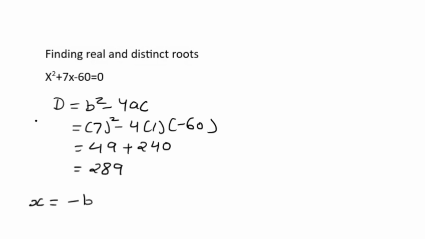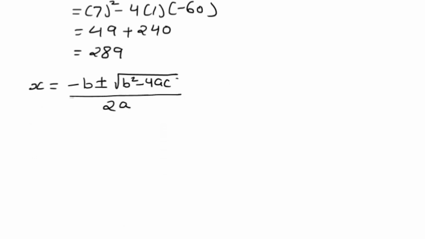So we will put this value in the formula of x, minus b plus minus under root b square minus 4ac, that is D, upon 2a. We have already found the value of b square minus 4ac, that is D. So in this we will be having two values or two roots.